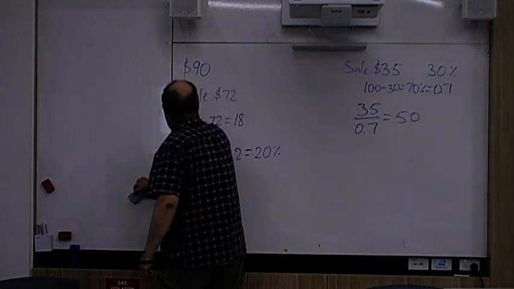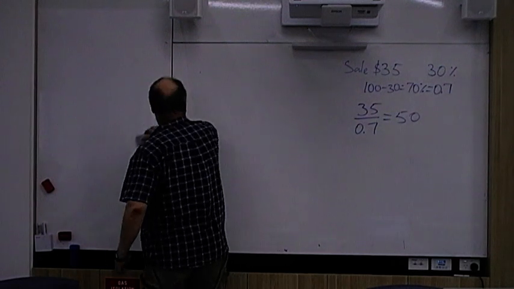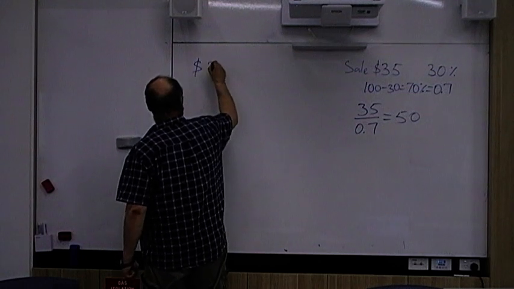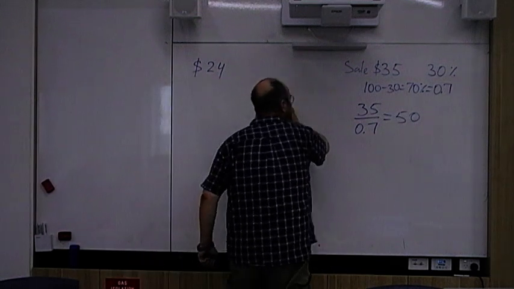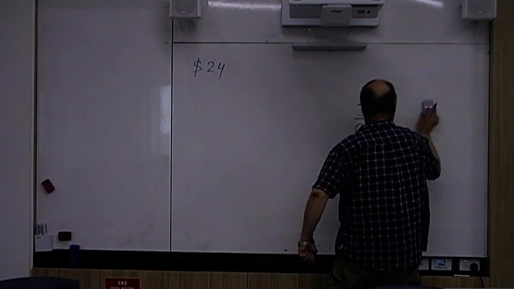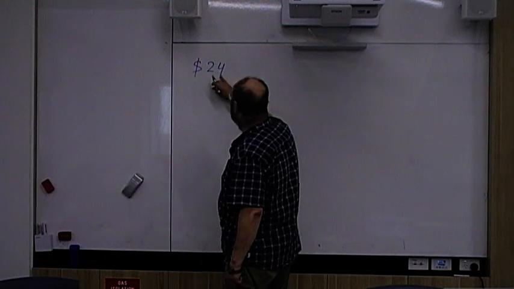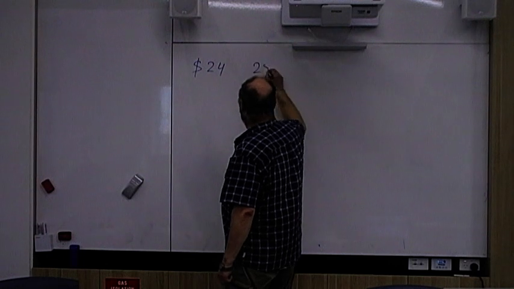So let's say you purchase something for $24, and you want to add 25%.